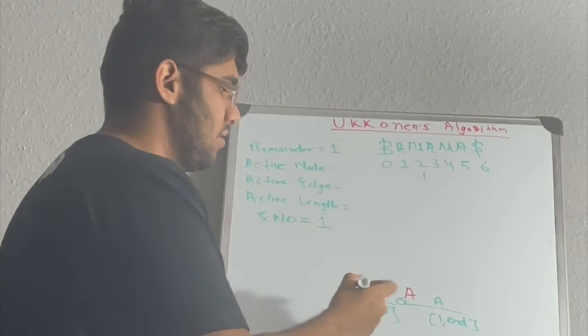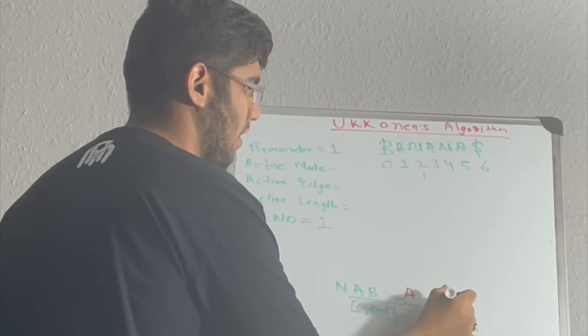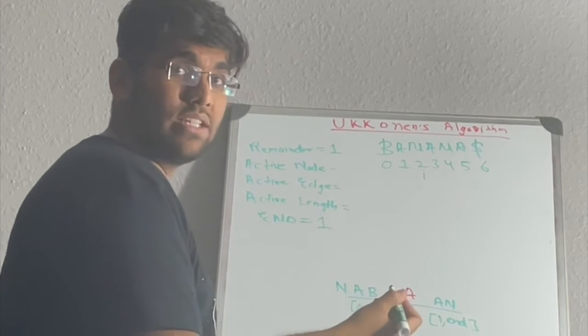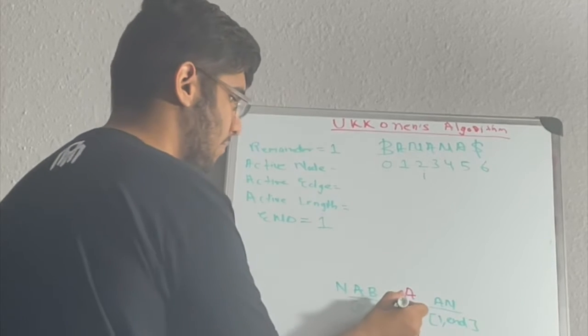Again, by rule 1 extension, and by rule 2 extension, we create the leaf node because n is not there.